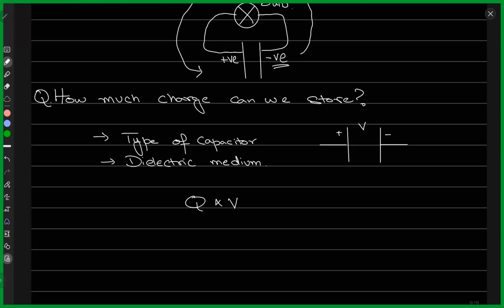Now, capacitance comes from this, because when I write this as an equation, Q is equal to some constant multiplied by V. This constant turns out to be the capacitance. So this expression becomes Q = CV.